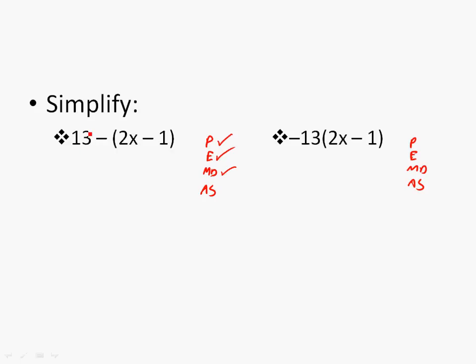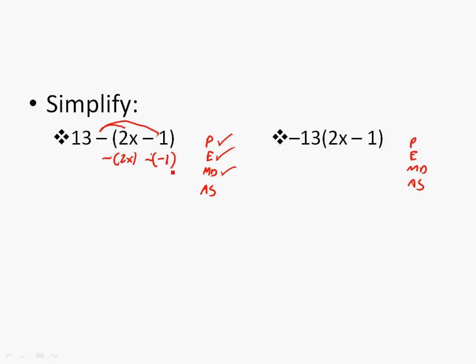However, this minus sign here is just like a negative 1, so this negative touching the parentheses is going to have to be distributed. So I'm going to have the opposite of 2x, and I'm also going to have the opposite of negative 1.